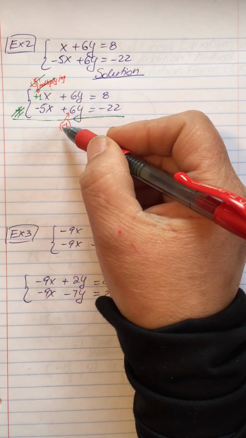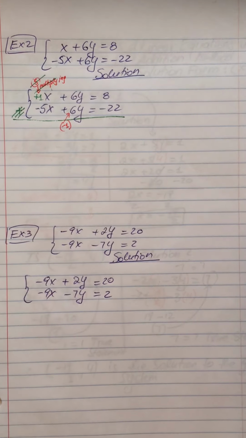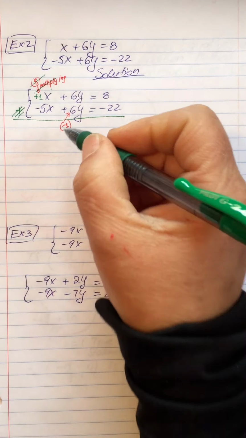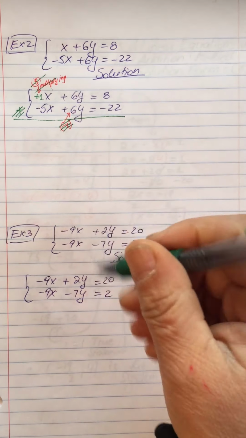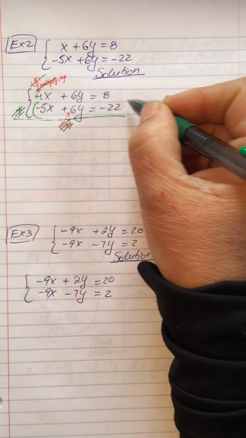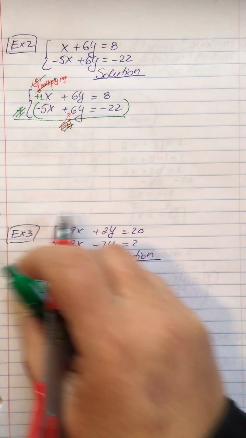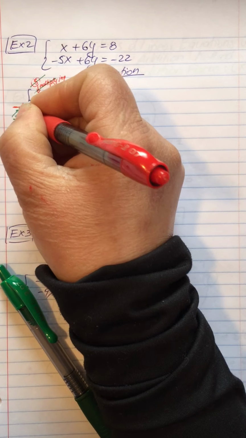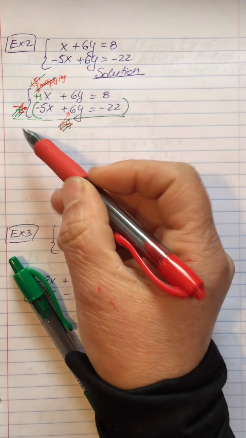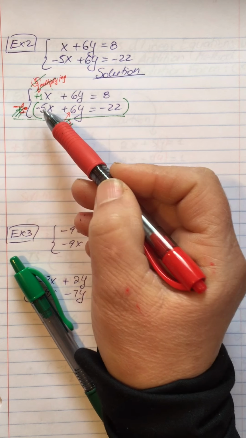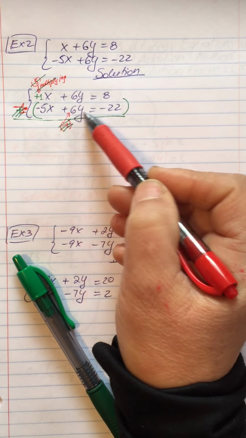Now, I am not allowed to do this only here. I have to do this through the equation. I want to multiply the entire equation by negative 1, and we know multiplying by negative 1 is just changing the signs throughout the equation.